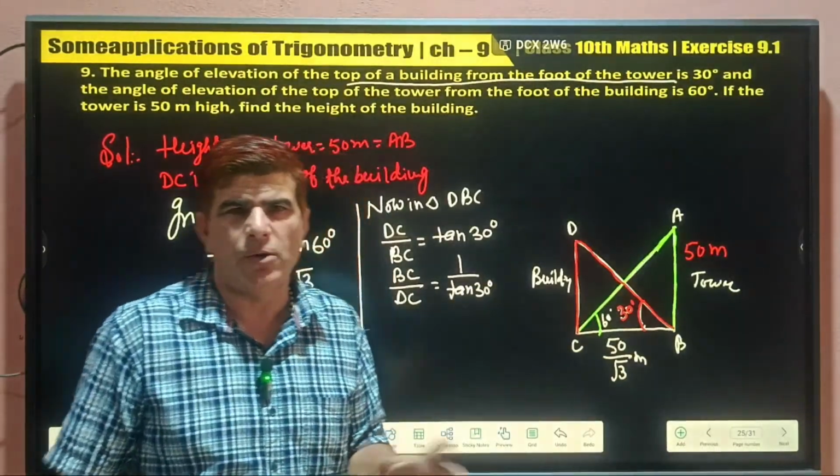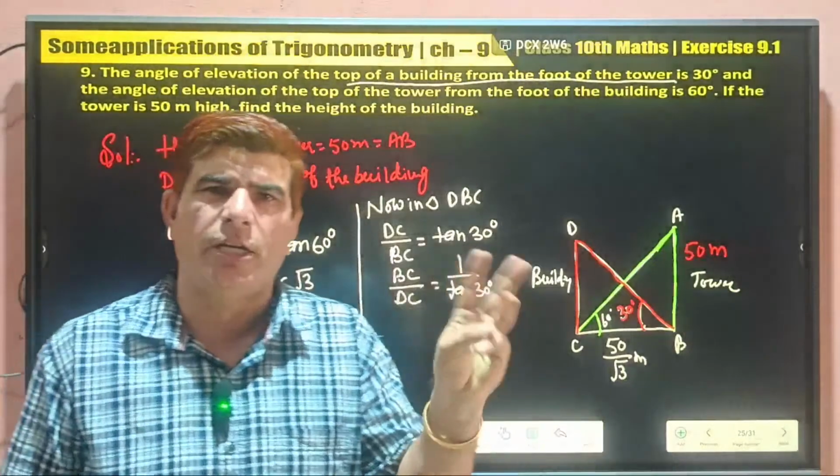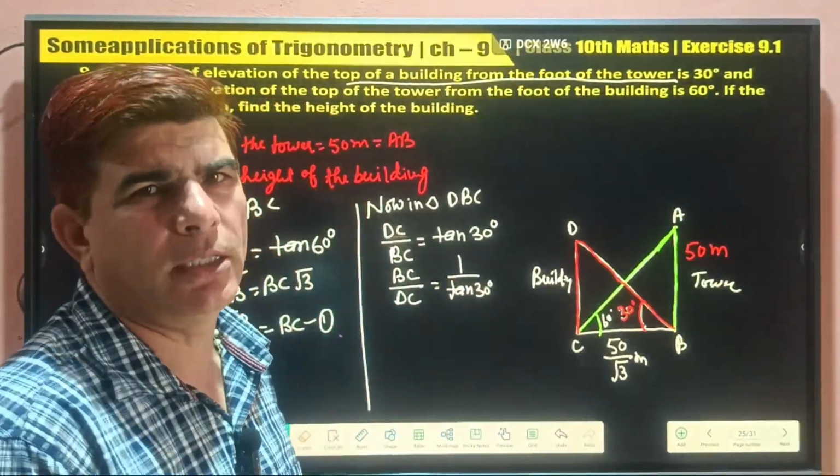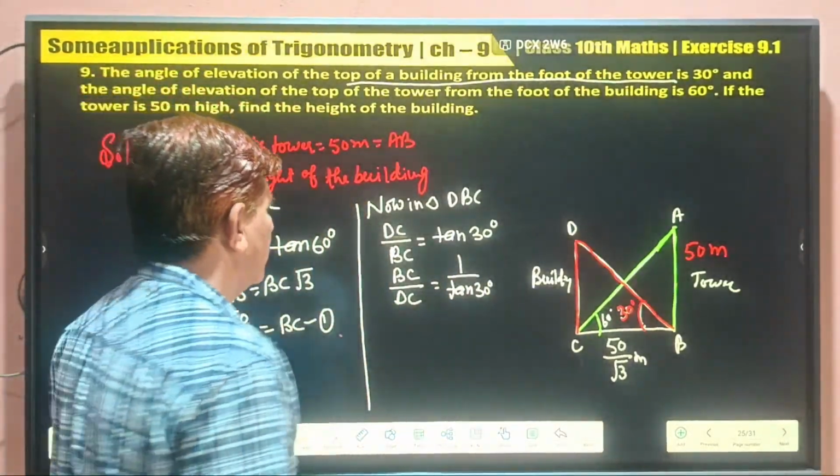I want to solve this using only the three trigonometric ratios, sine, cos and tangent.